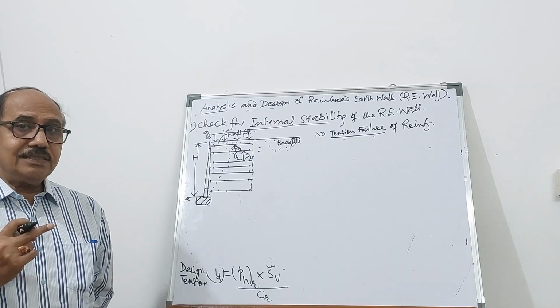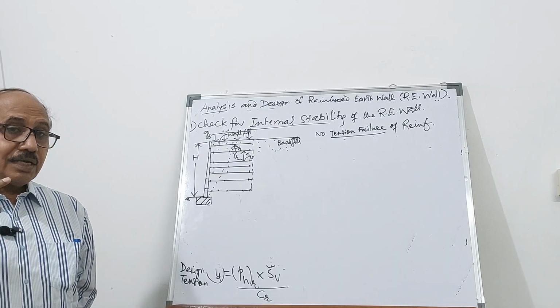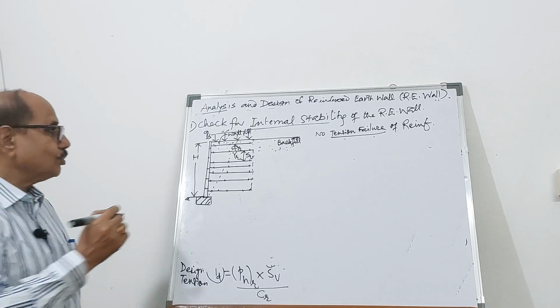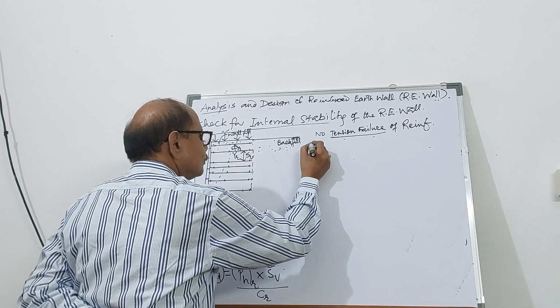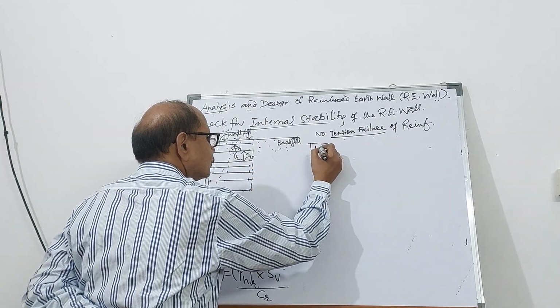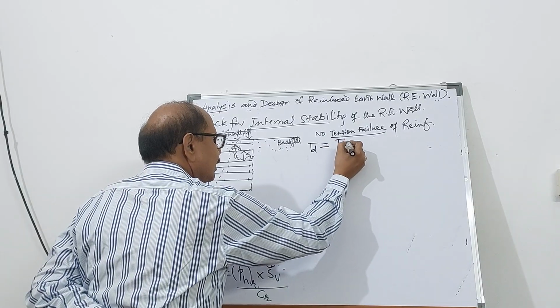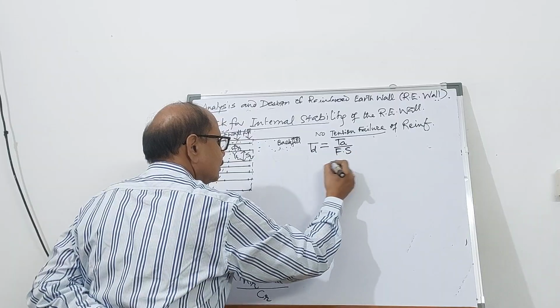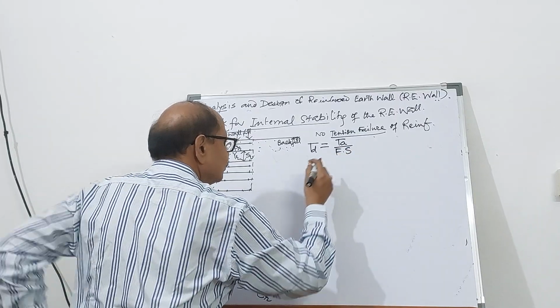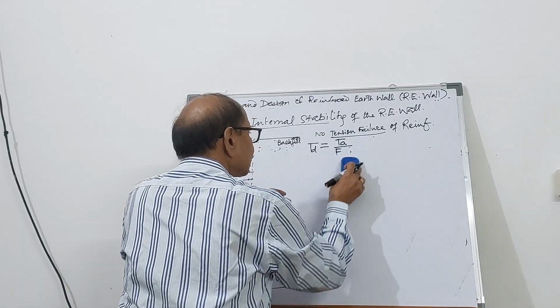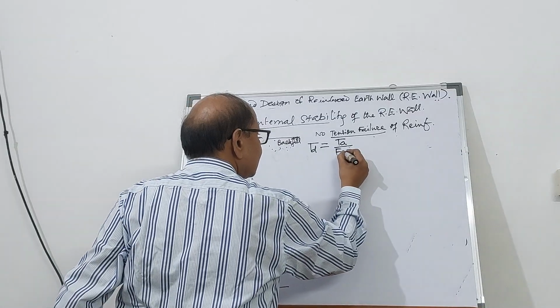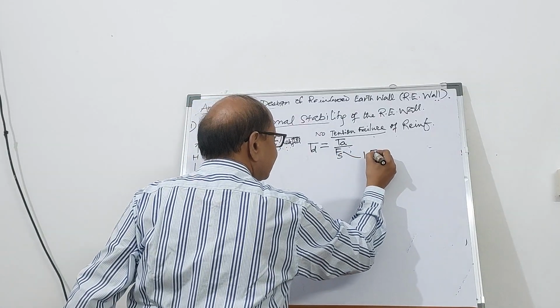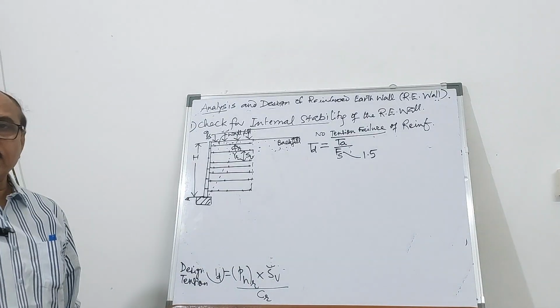It must not exceed your allowable tension. So this TD should be allowable tension divided by factor of safety. This factor of safety usually we keep it 1.5.